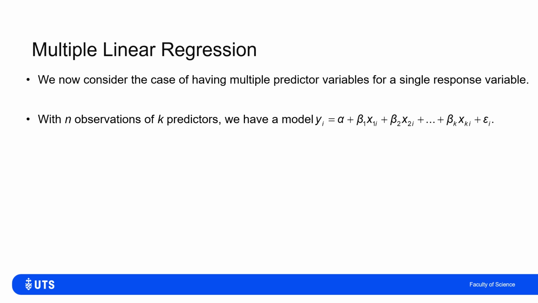So this model looks similar: y_i is an intercept term alpha, plus the slope beta 1 associated with the ith observation of x1, multiplied by that to get the ith response, plus beta 2, the slope associated with the x2 variable, so plus beta 2 times the ith observation of x2, so plus beta 2 x2i, and so on.